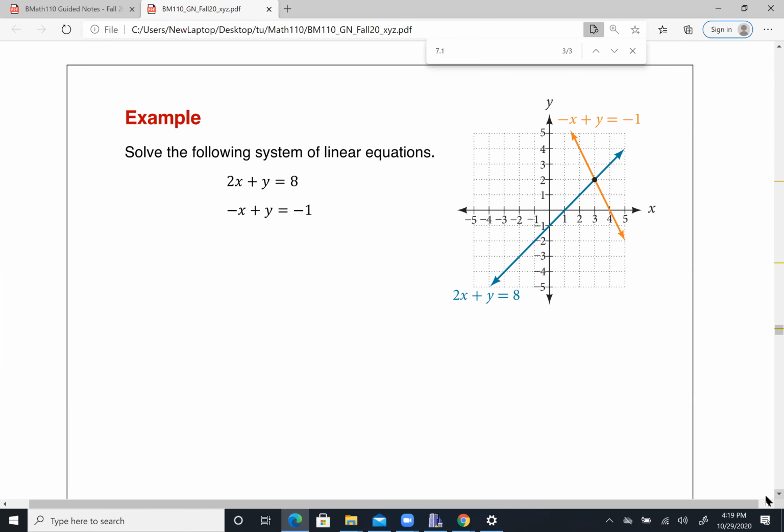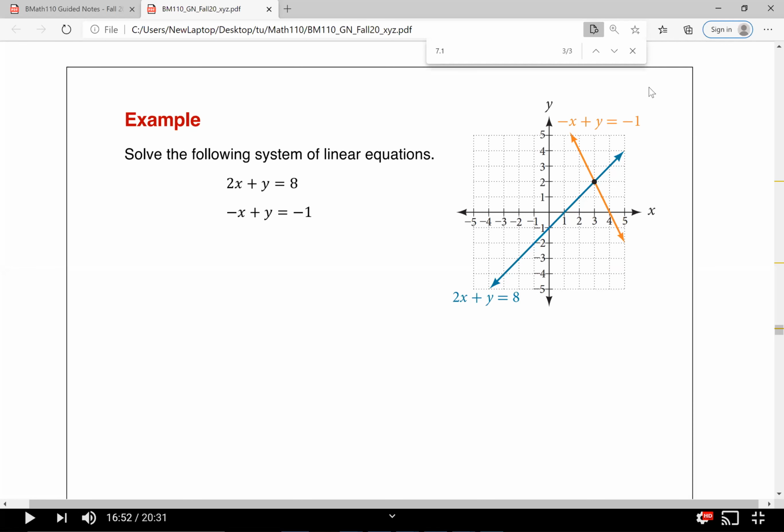Example. Let's solve the following system of linear equations. For this problem, if they don't tell you to use the graphing method, you must use an algebra method.